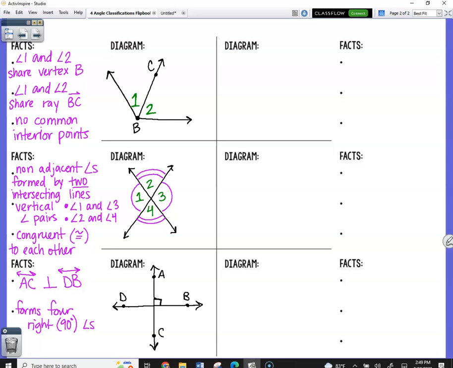Okay, anytime 2 lines cross, 4 angles are formed. Specifically, 2 pairs of vertical angles. But if they cross at a right angle, that means that this is 90 degrees, which means pulling from what you've already learned, because this is a straight line, then this would be, what, 90, which is also a straight line here, so this would be 90, and then you have a straight line here, so this would be 90.